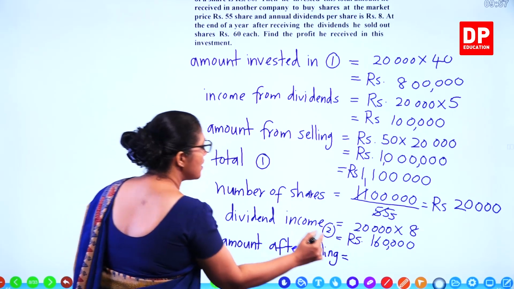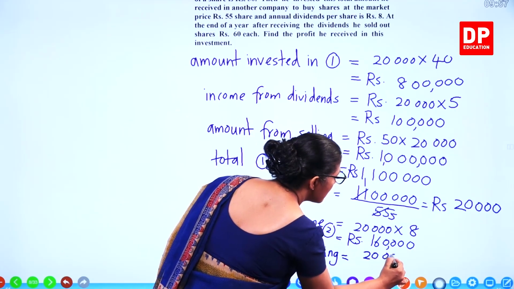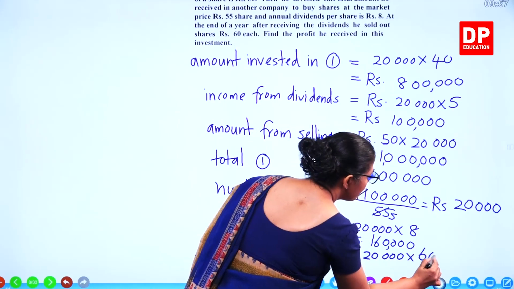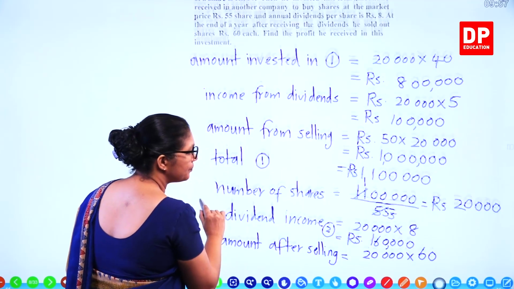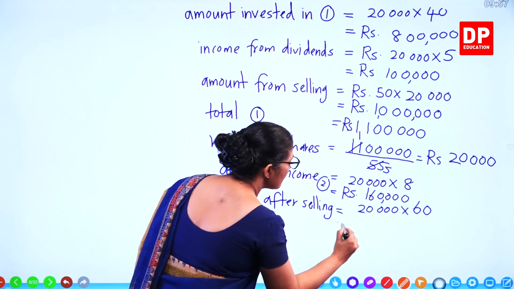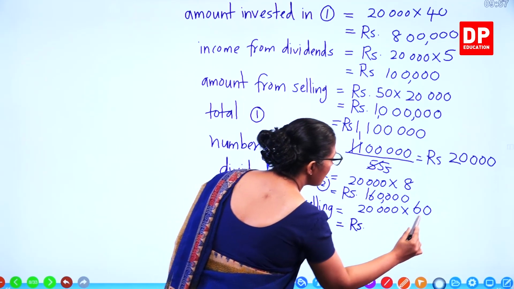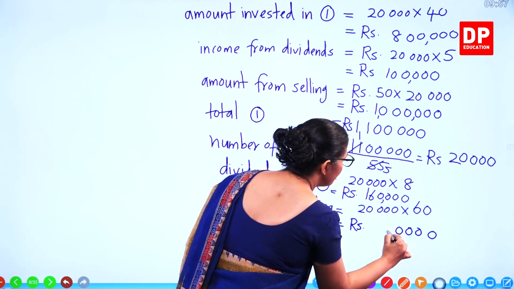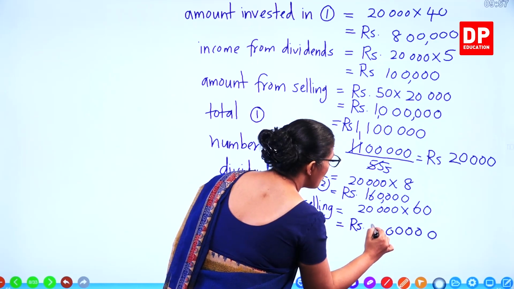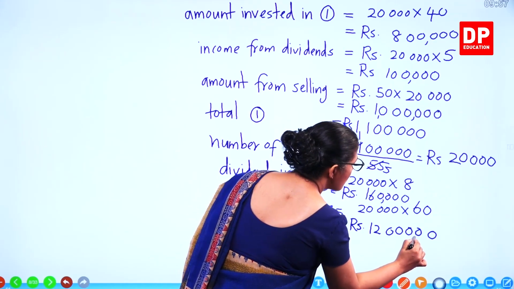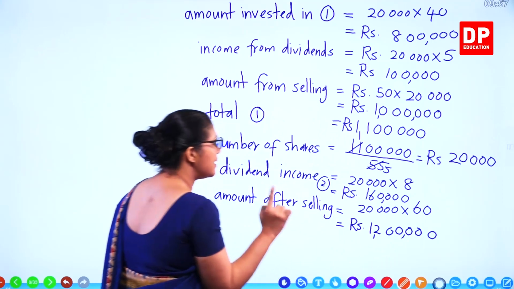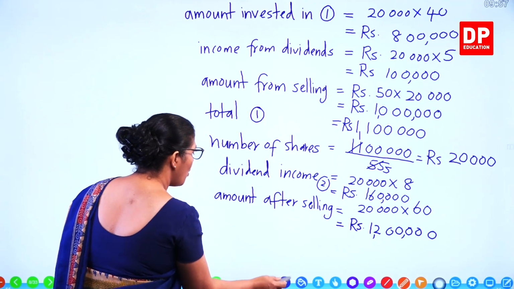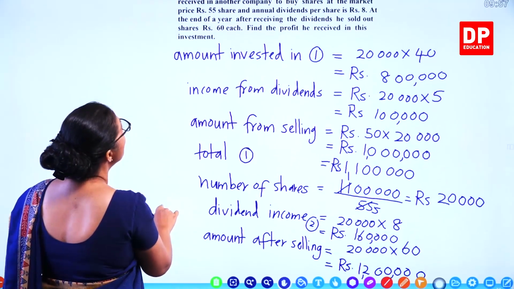So 20,000 shares, each with 60 rupees. 6 times 2, 12. So what's the value? 1,200,000 rupees. Now what happened?